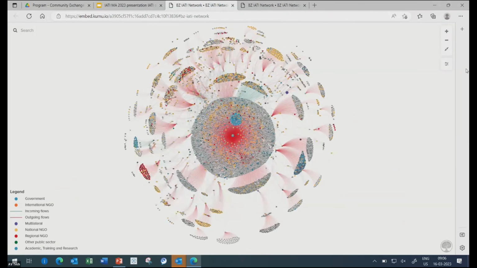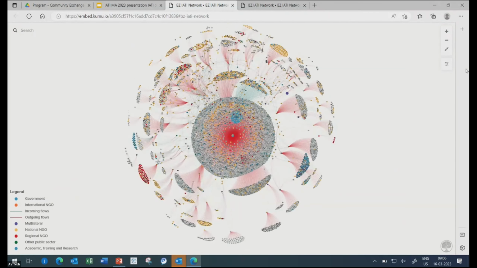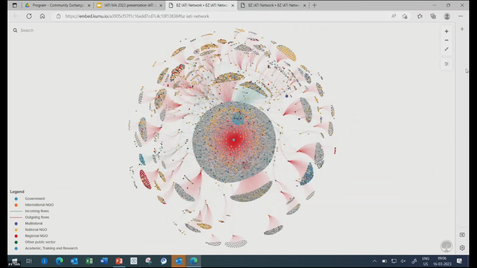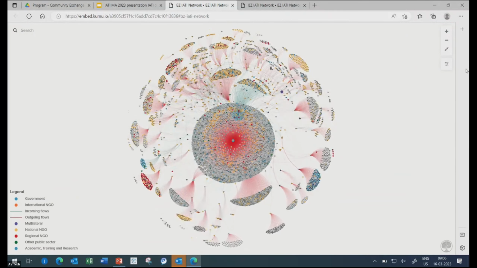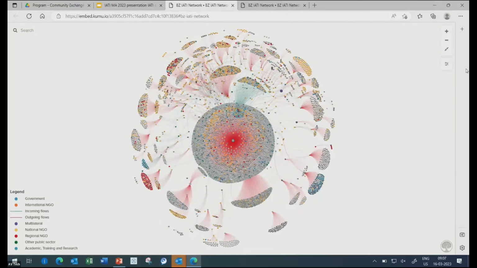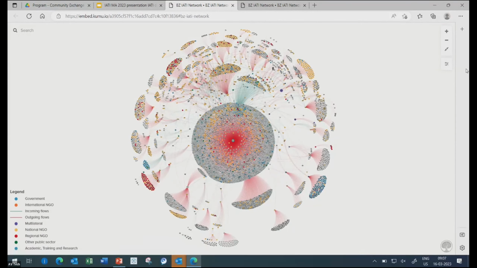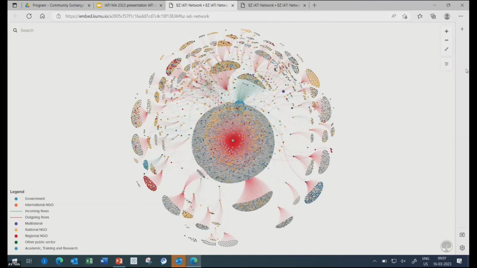I hope you can see it well. This is a network of organizations. All of those dots are an organization. And we, as a ministry, are now completely eclipsed. We are in the background there. This is live data from, I think, yesterday.